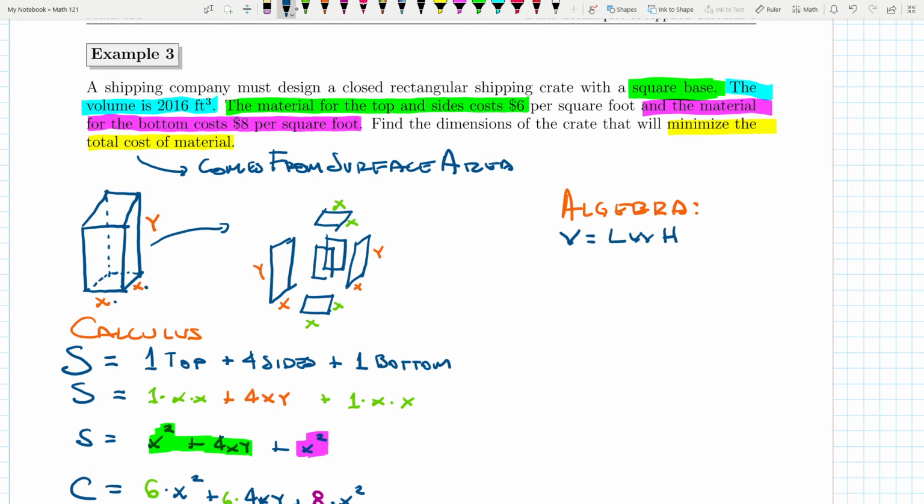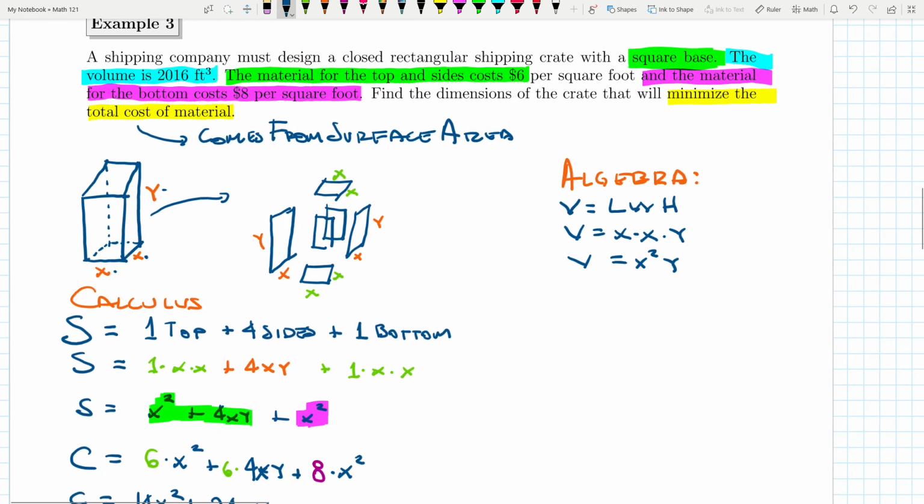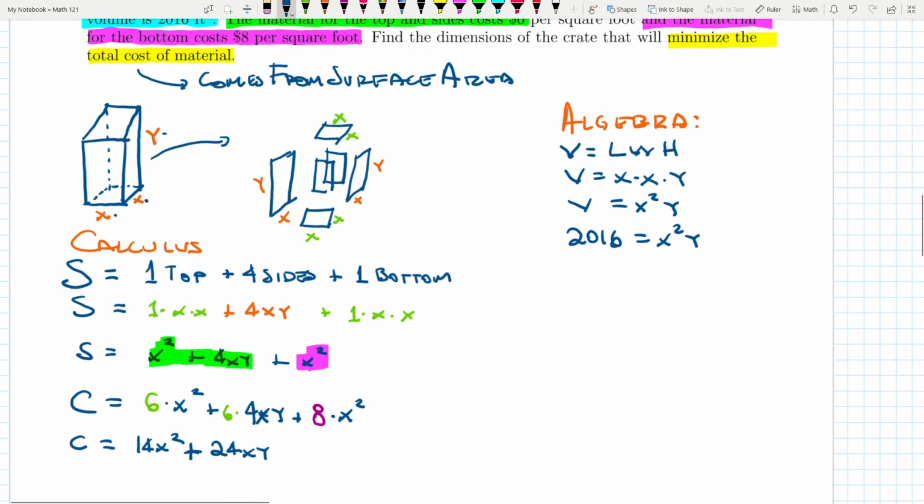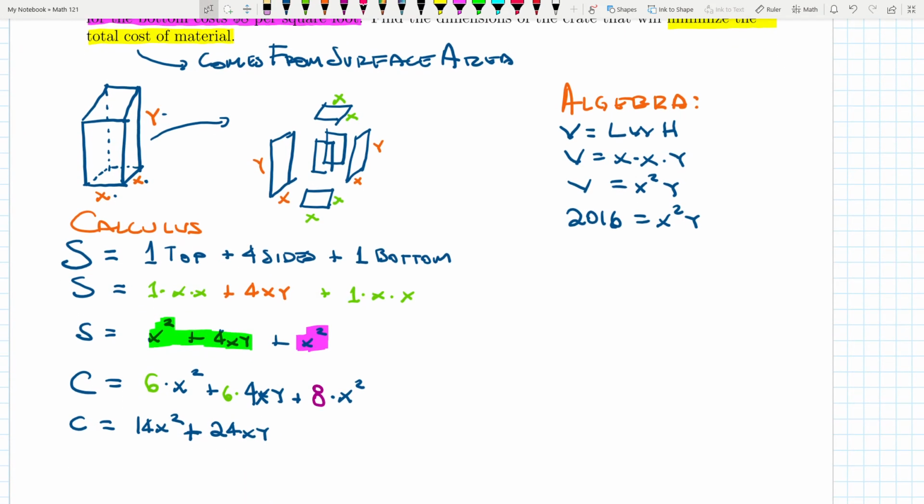That is, the volume of the box, which is length times width times height, in our terms is x by x by y, which is really x squared y. But we know the numerical value of the volume, which in this case is 2016, so x squared y equals 2016. Now, do you want to solve for x or for y?